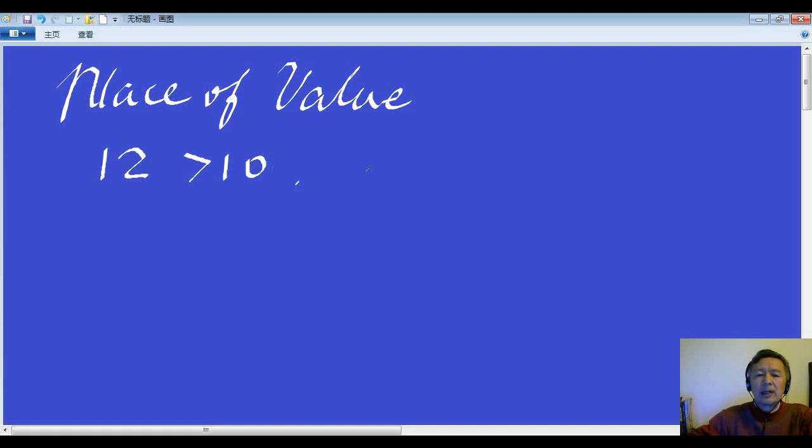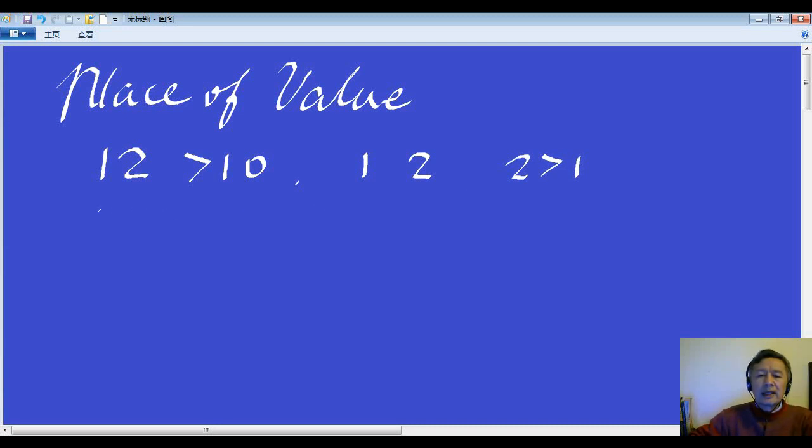Obviously this 12 is constructed by two numbers, namely 1 and 2, right? Now, from our early knowledge since you are very young, you know that 2 is certainly larger than 1, okay?